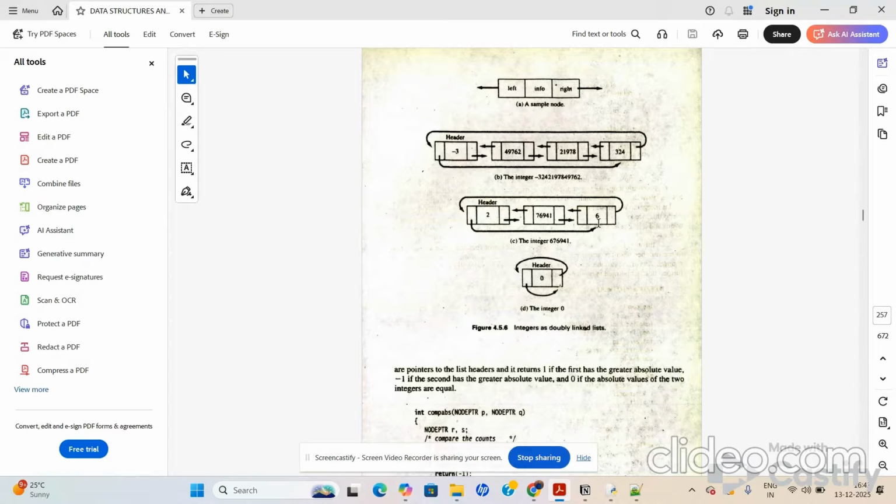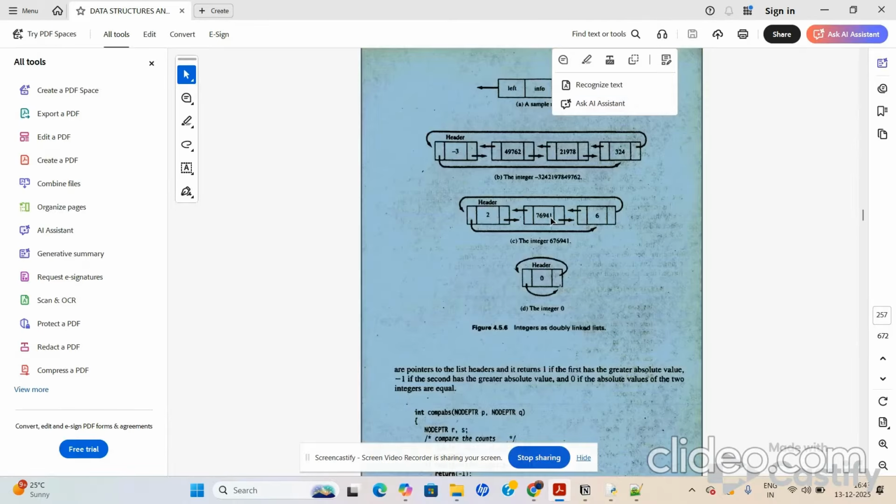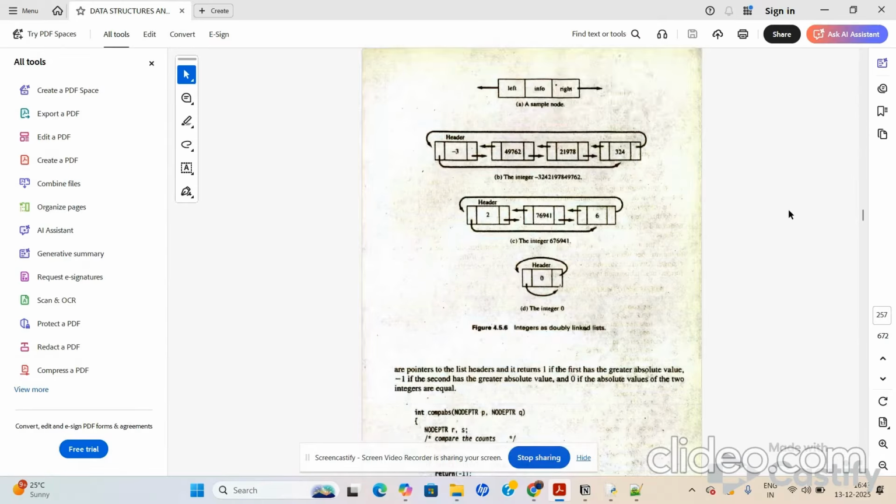Let's say if both the nodes contain the same values, then we move to the next node. That is, instead of pointing here, we point here, and next time we point at this place. Okay, so this way the comparison has to happen.